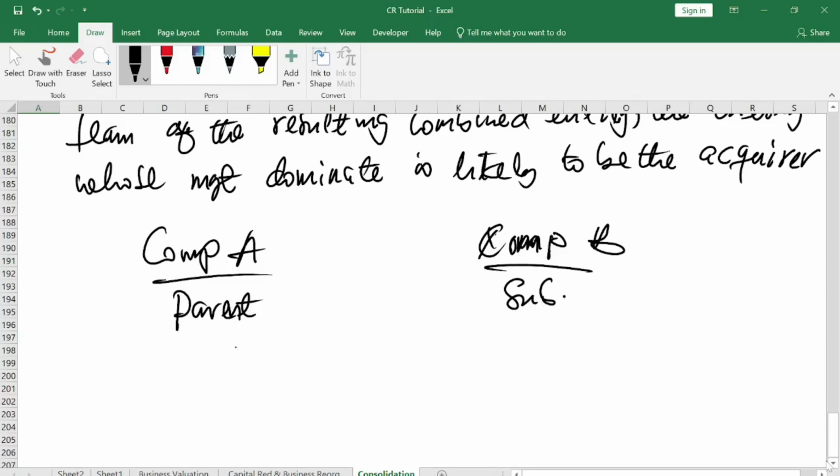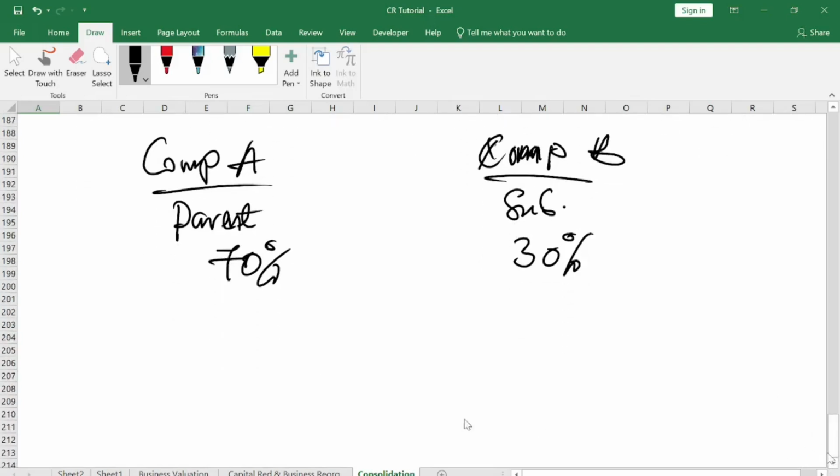So the parent acquired company B, maybe 70%, and then the subsidiary has 30% left. So in this instance, company B belongs to company A.